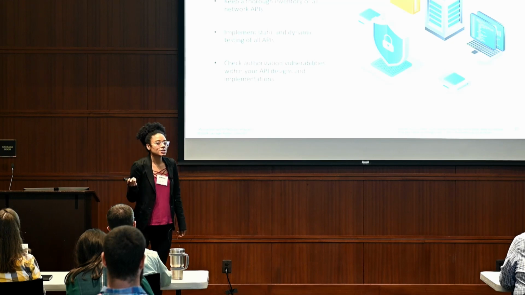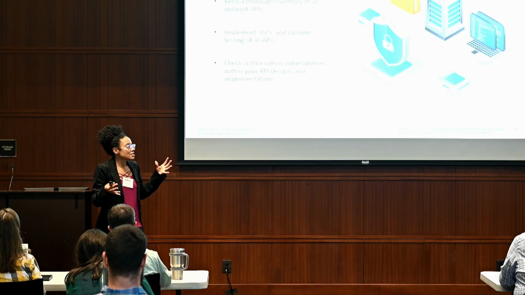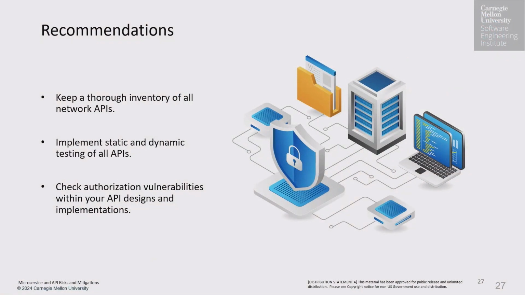So some overall recommendations, if I had to distill all of them down to a few things, I would say, first and foremost, keep a thorough inventory of all of your APIs. I don't think much of the rest of the recommendations mean that much if you don't have a good idea of all of the APIs in your network.